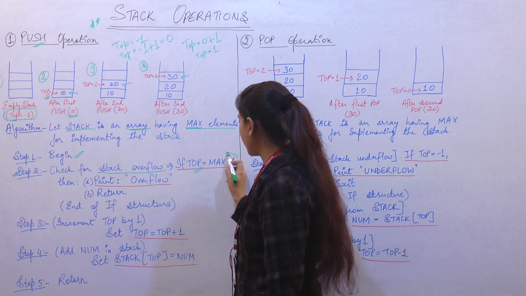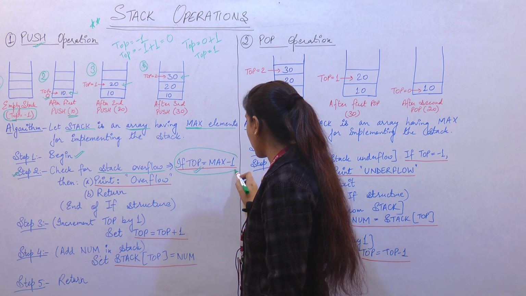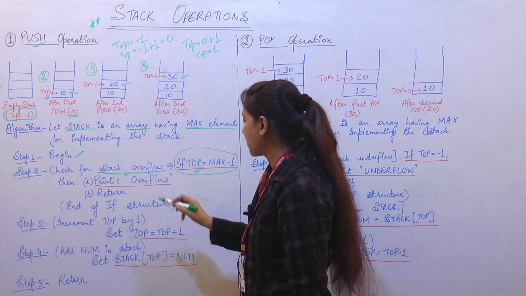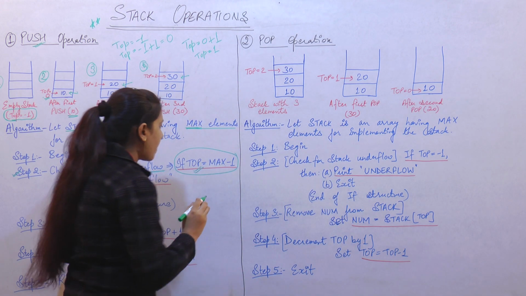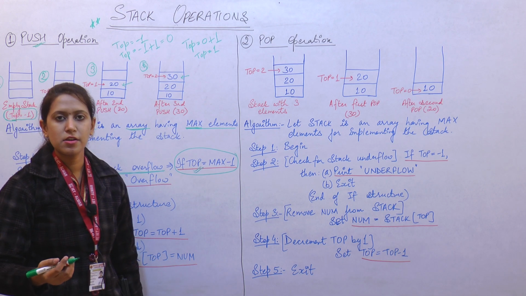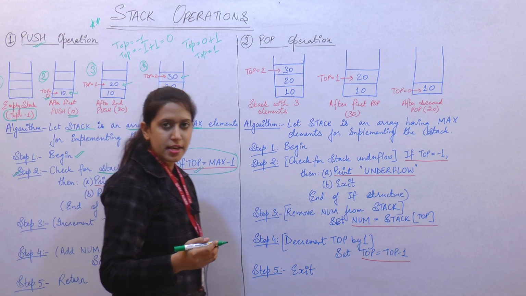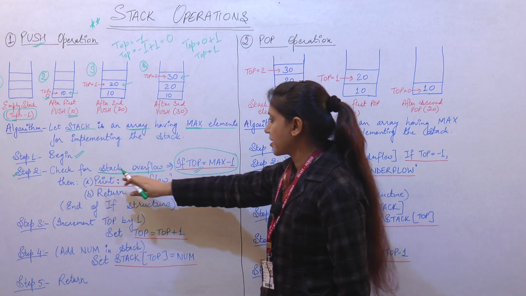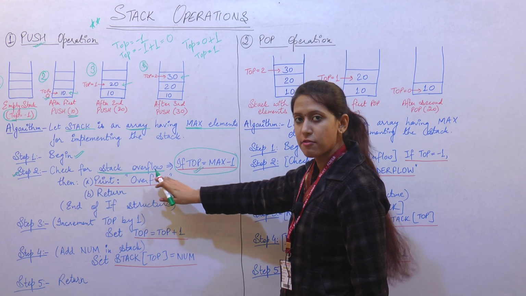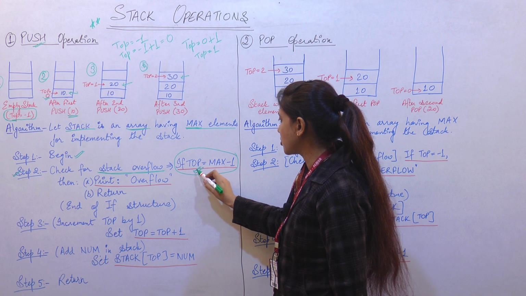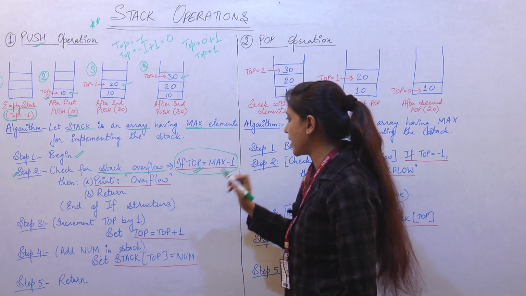This is the condition which we will apply to check whether our stack is overflow or not. Here max means the maximum number of elements that we are taking to store in our stack array.